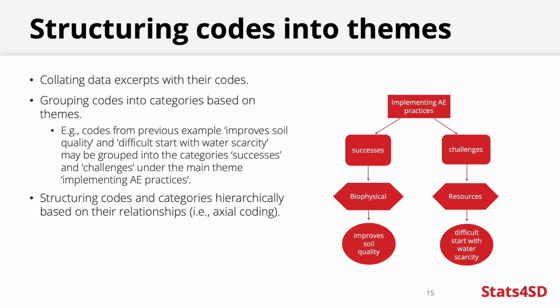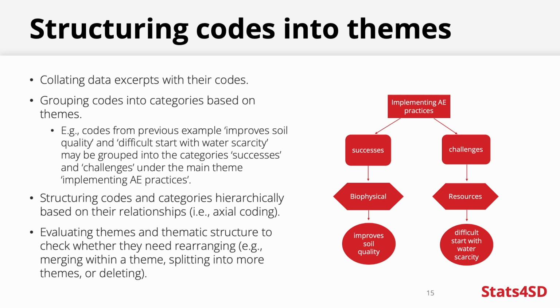After having hierarchically structured the categories and themes, we need to evaluate the themes and the thematic structure. That is to say, we need to check whether they can be arranged in a more appropriate way and check how many entries you have in each theme and whether they can be incorporated into other ones or split or even need to be discarded.